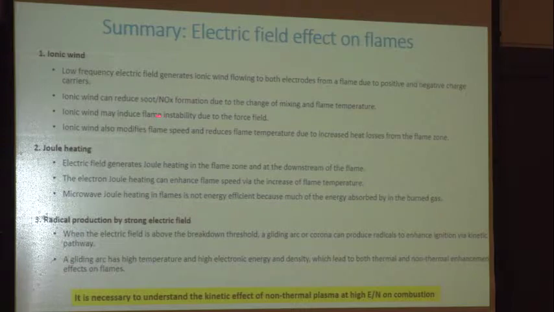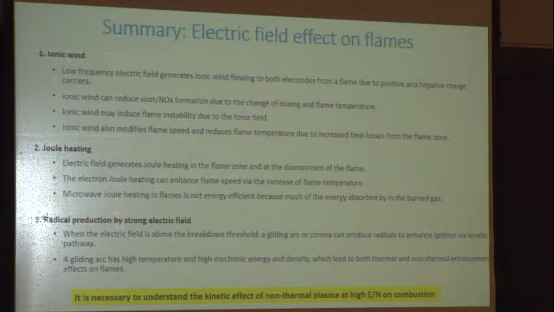The ionic wind also generates flame instability due to the Coulomb force, and it can modify flame speed and reduce the temperature. Mostly the electric field affects the flame speed through the Joule heating effect. Electron Joule heating basically enhances the flame speed and increases the flame temperature.